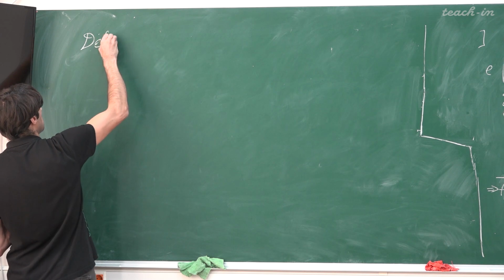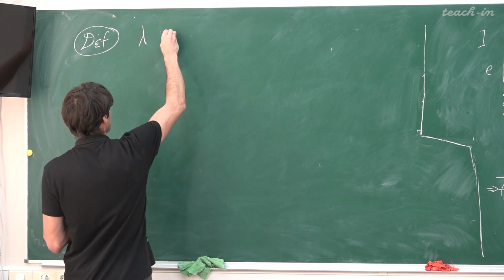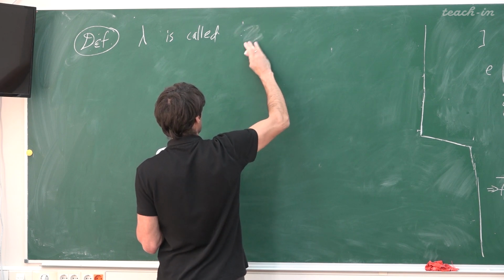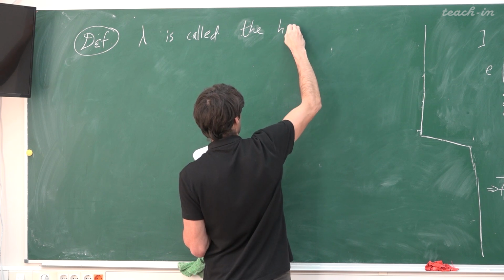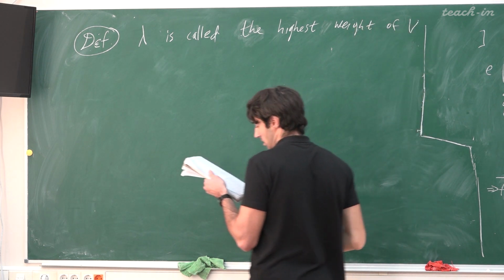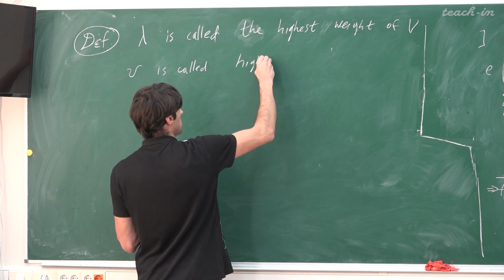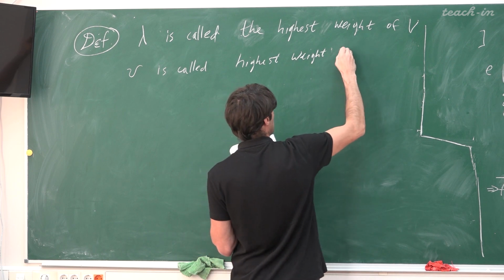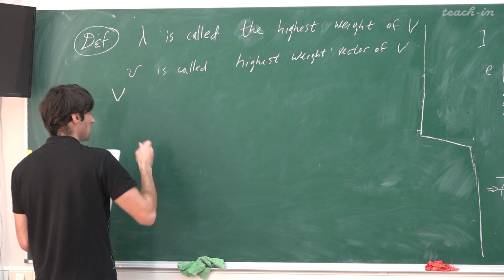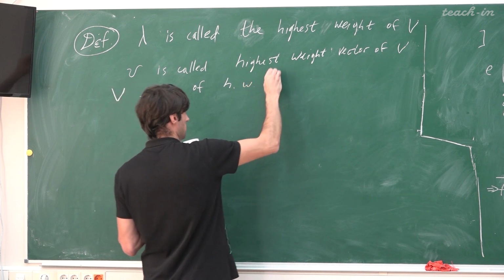So, definition: such lambda is called the highest weight of V. And v is called a highest weight vector of V, and V itself is called a representation of highest weight lambda.